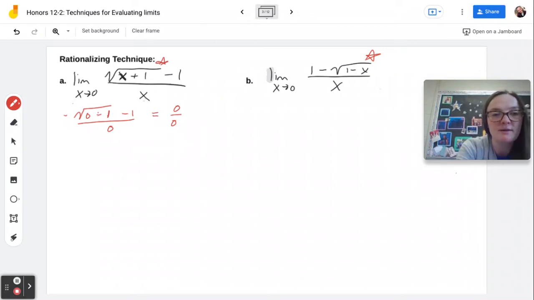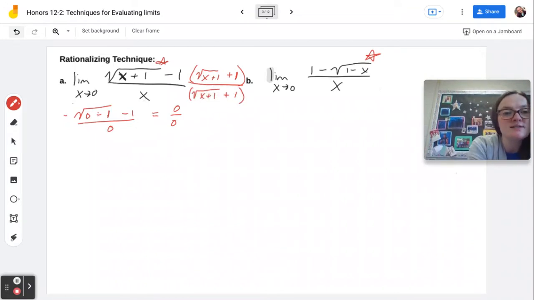To multiply the top and bottom by the conjugate, well, the conjugate is going to be this exact same expression. We're just going to change the operation in the middle. So this is going to be the square root of x plus 1 plus 1, instead of minus 1, all over the square root of x plus 1 plus 1.